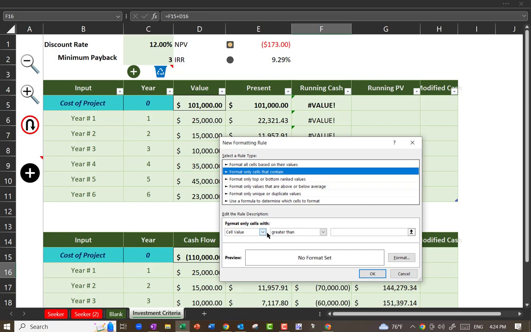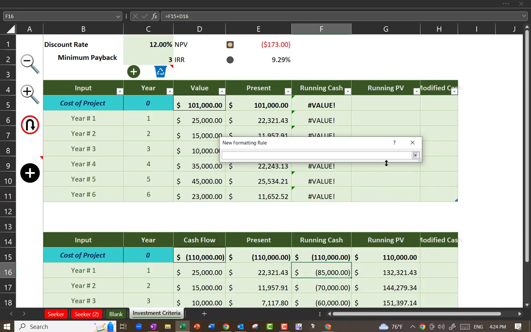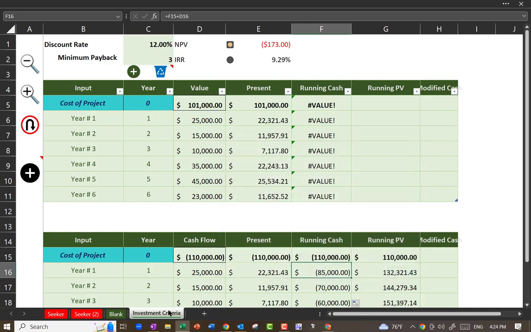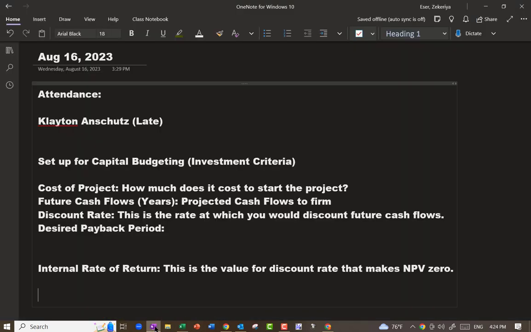Is it highlight cell rules? Let me remember, because I've done this for something else. It's been a while since I've done it. I actually have a template that does that.